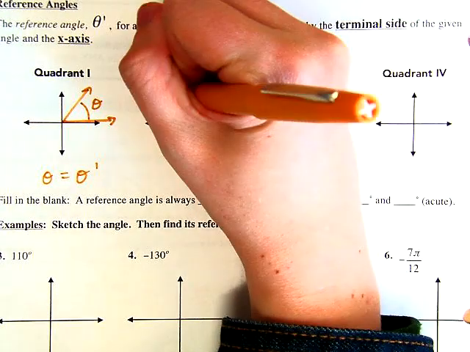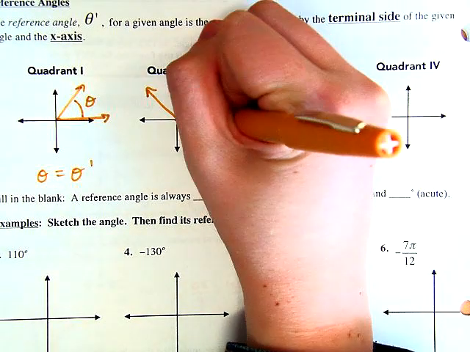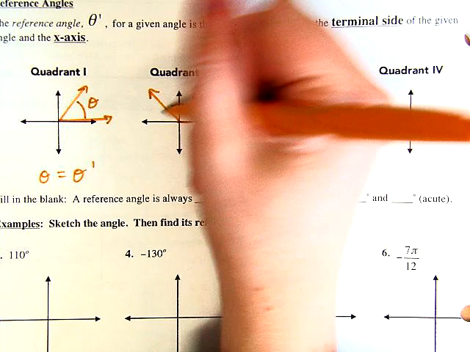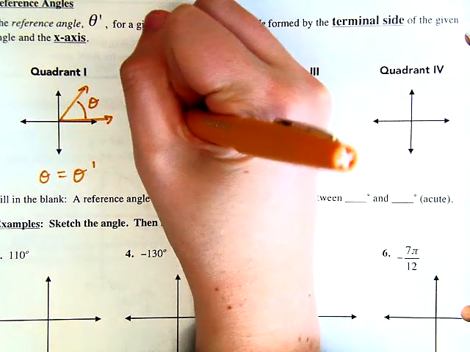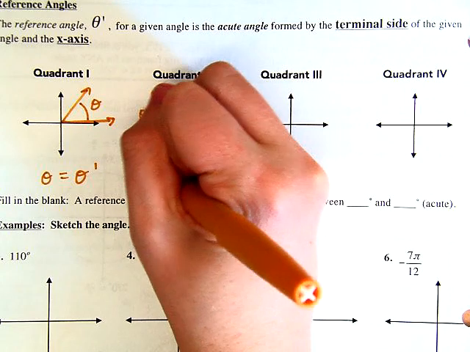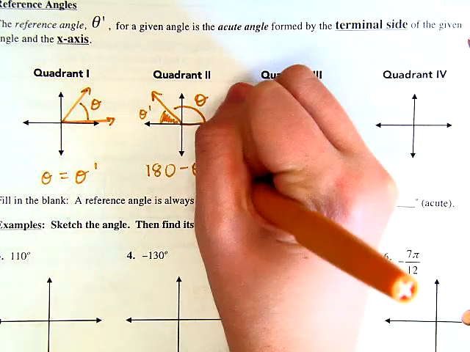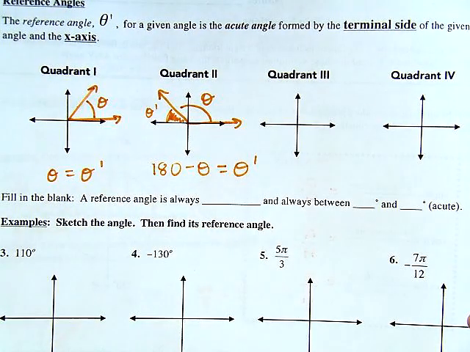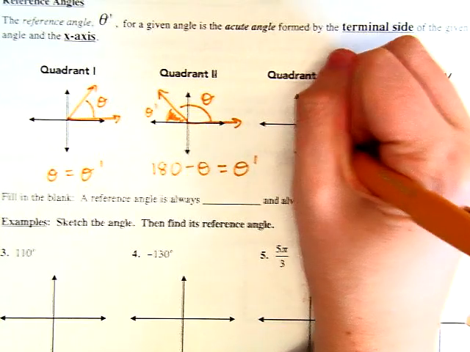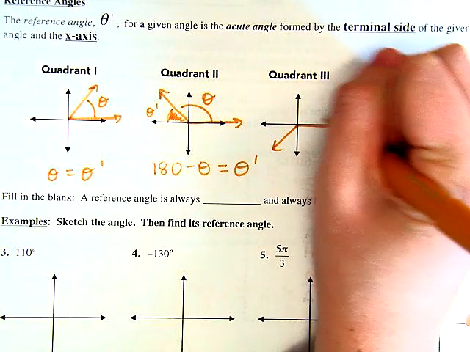For quadrant 2, I'm going over here. My angle's like this. My reference angle is this part. So to get that, I do 180 minus my angle, and then I have my reference angle. For quadrant 3, I'm talking down here.